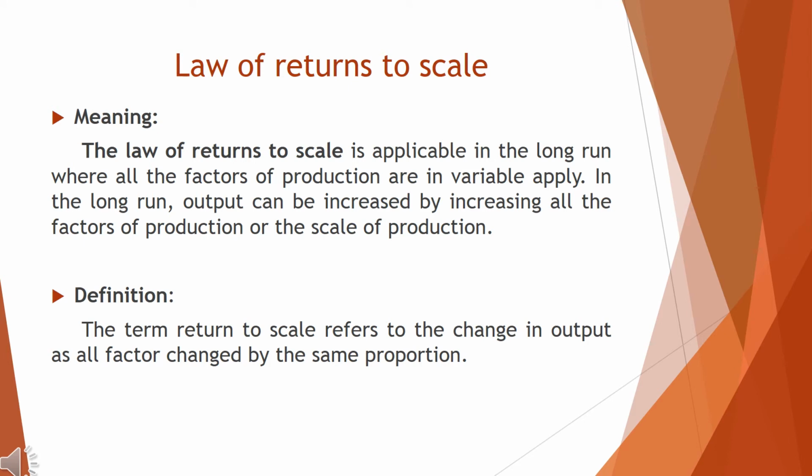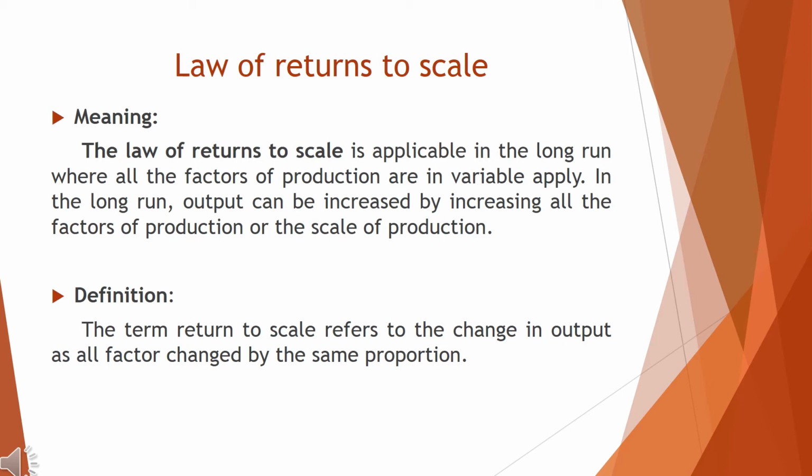Law of return to scale. Under law of variable proportion, we studied the nature of change in output when factors of production are altered by keeping at least one factor constant and other factors variable. Hence, the law of variable proportion is the short-run phenomenon. But under returns to scale, we study the nature of change in output when all the factors in a scale are altered.